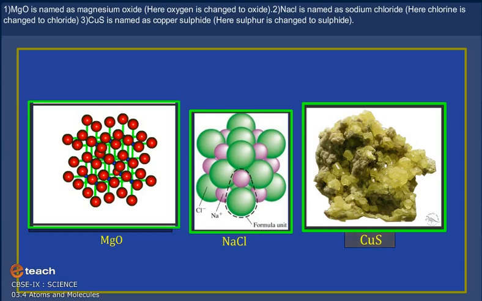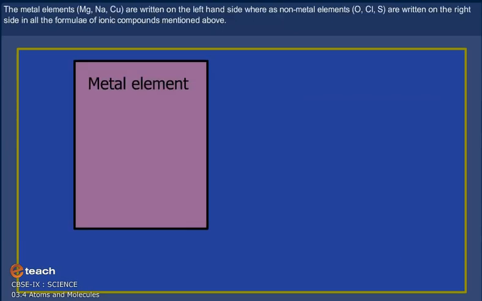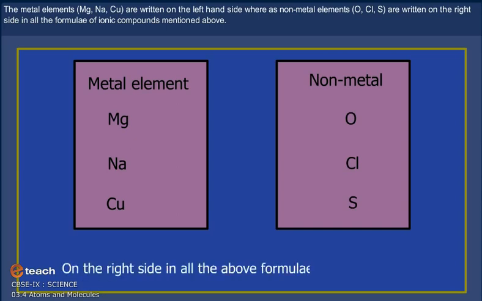Here, sulfur is changed to sulfide. The metal elements Mg, Na, Cu are written on the left-hand side, whereas non-metal elements O, Cl, S are written on the right-hand side in all the above formulas of ionic compounds.